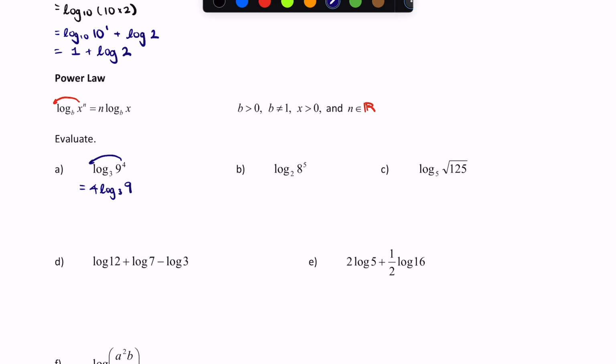Here we can rewrite it as 4 log base 3 of 3 squared. Log base 3 of 3 cancels out and gives us 1. And so here we'll have 4 times 2, which will equal 8.